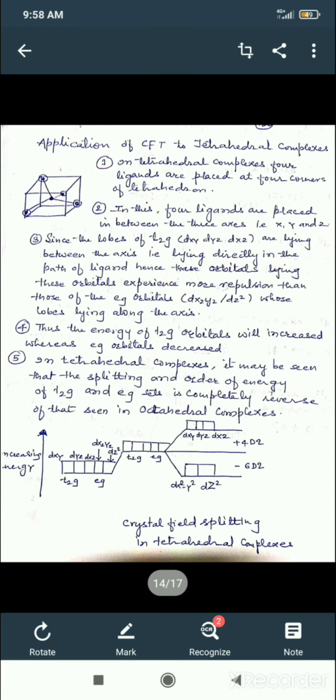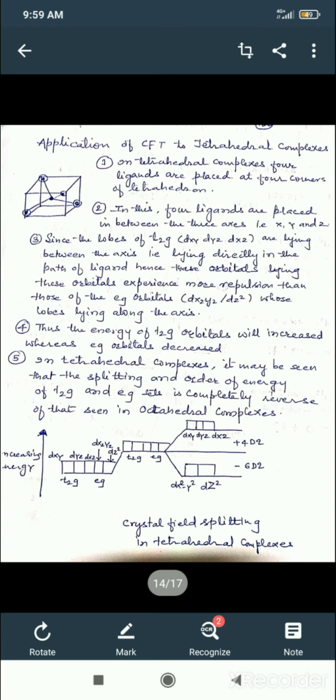What you have to remember is that you make a cube and place the ligands at the corners of the tetrahedron. The ligands must be placed in between the axes and not on the axes. When they are placed in between the axes, the energy of those lobes, the T2g, increases and the energy of the eg orbitals decreases.